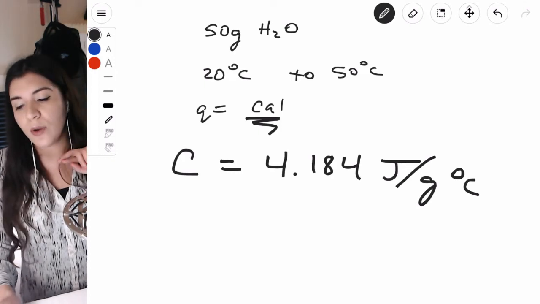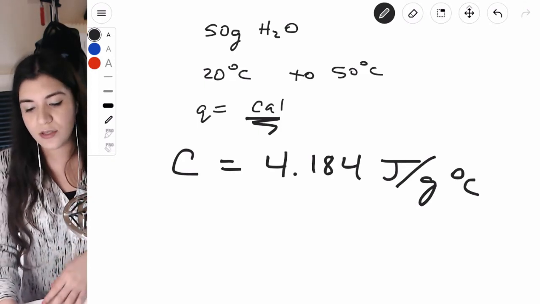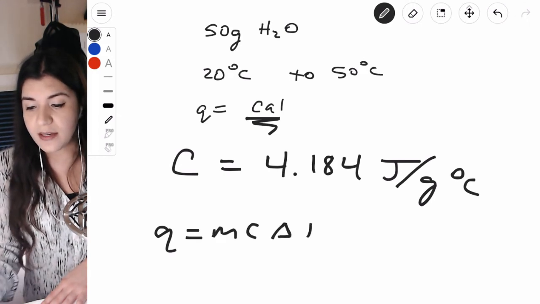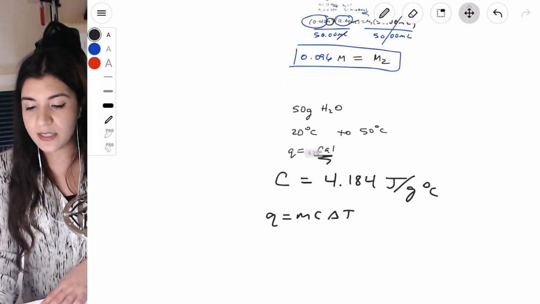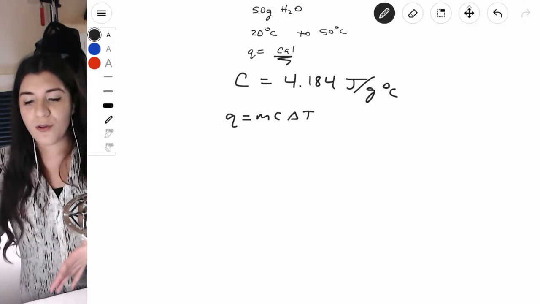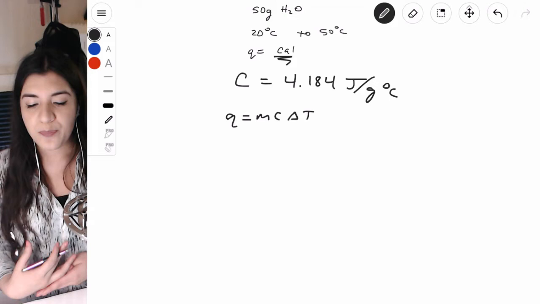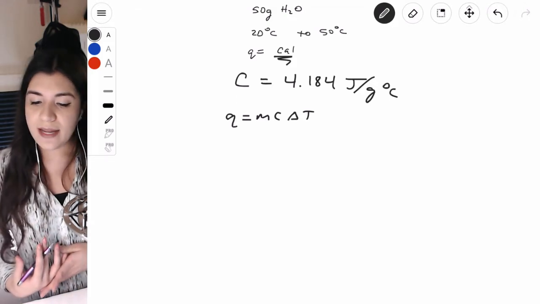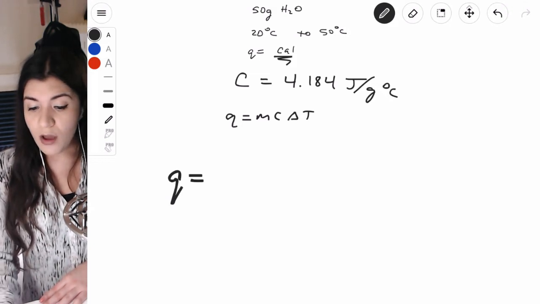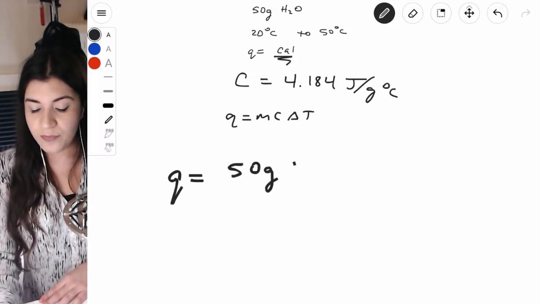This is like a two-part question, so let's start off by plugging everything into Q equals mc delta T. This is a little glimpse of calorimetry, so anyone who's struggling or has their exam on calorimetry, this is a good little overview. We're looking for Q. Our mass was the 50 grams of water.